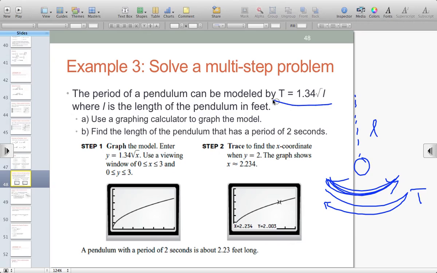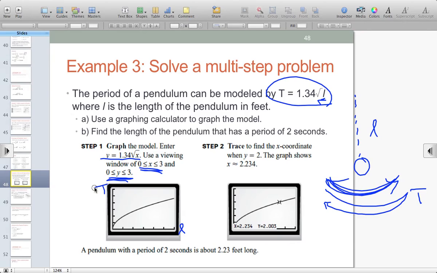So here's our function. Plug it into our calculator: y equals 1.34 times the square root of x. Notice that it wants us to change our window so that x is between 0 and 3, and y is also between 0 and 3. Then we're trying to figure out the length. x is representing the length, and y is representing the T value.